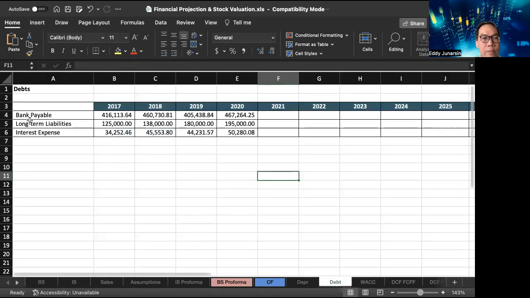So we put it here, bank payable and long-term debt. So let's look at this one, bank payable. Look at the previous, what's that pattern?